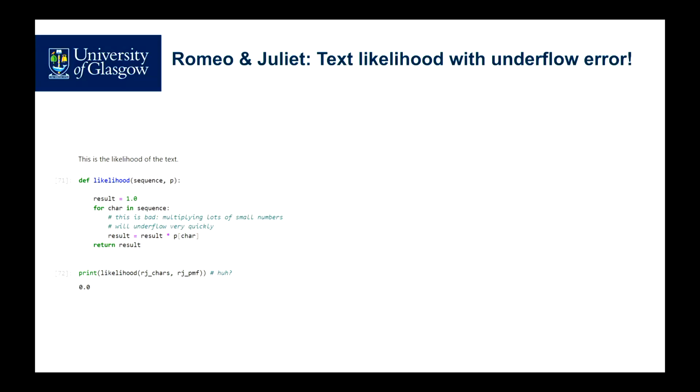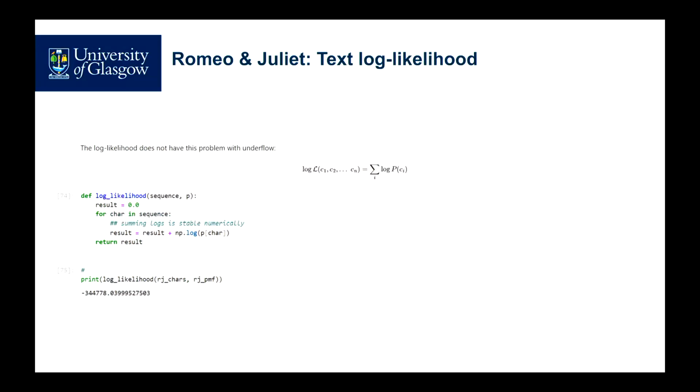You're never going to end up with anything important. On the other end, if you take the logarithm of those probabilities and take the sum of that, because the logarithm of a product is a sum of logarithms, by the definition of the logarithm, then you end up with an actual value that you can use and that is really quite reliable.